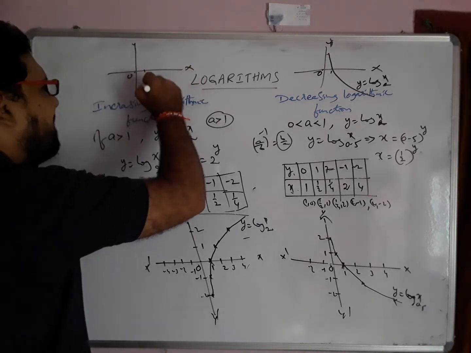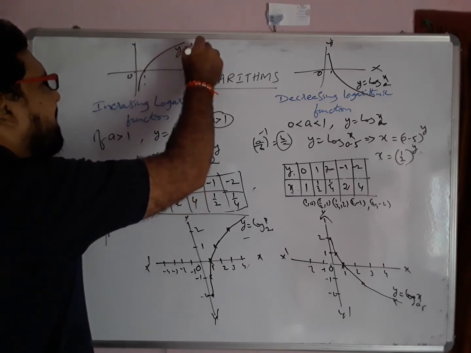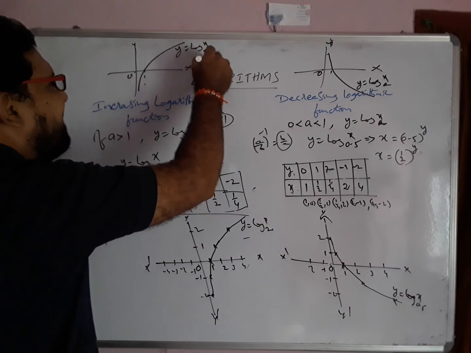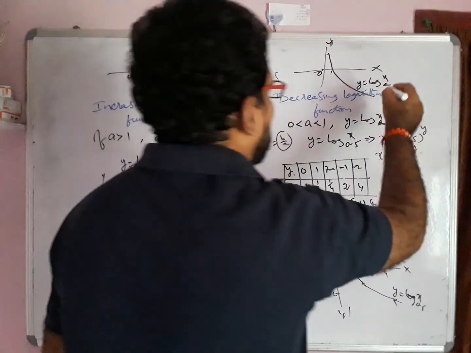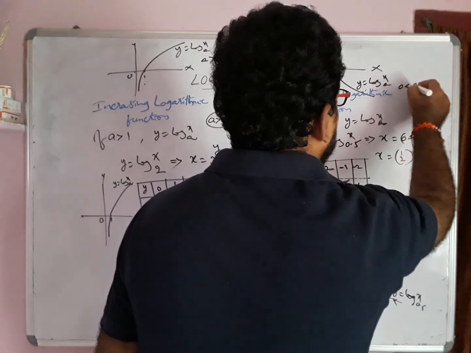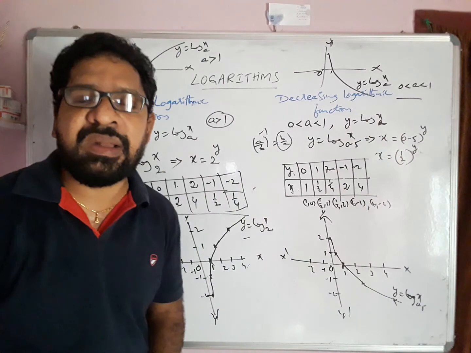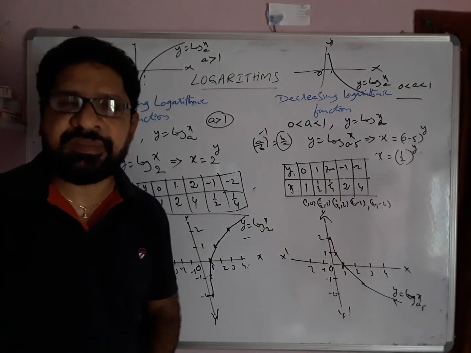And this is called an increasing logarithmic function, y is equal to log x to the base a, where a is greater than 1. Here y is equal to log x to the base a must lie with 0 less than a less than 1 for the decreasing one. Like this, you can discuss logarithmic graphs. Thank you.